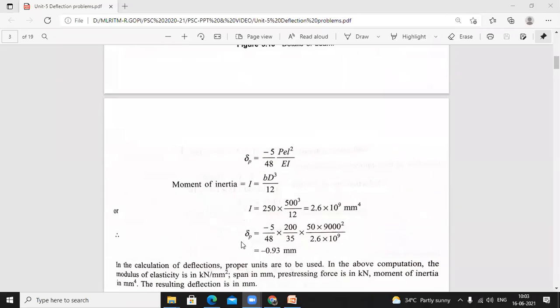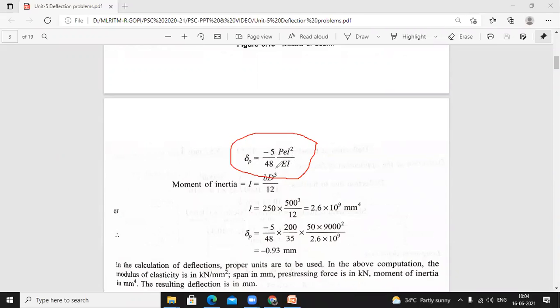The formula is delta P equal to minus 5/48 P e L square divided by E I. Since they asked only for upward deflection, we have to consider only the prestressing force, because due to prestressing force only upward deflection occurs. If you calculate self-weight and live load, it gives downward deflection. So apply this formula, minus 5/48 P e L square divided by E I.